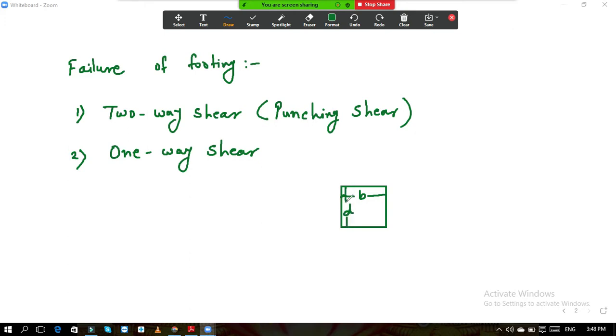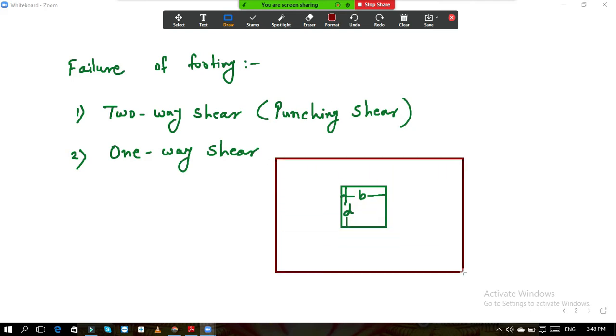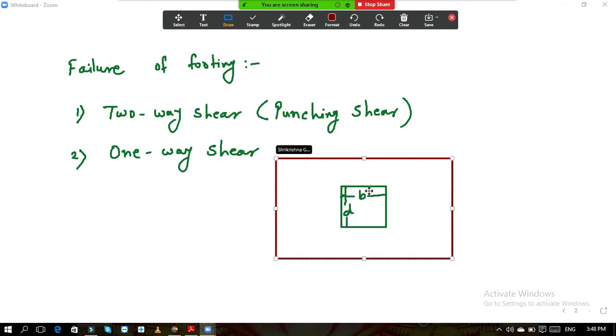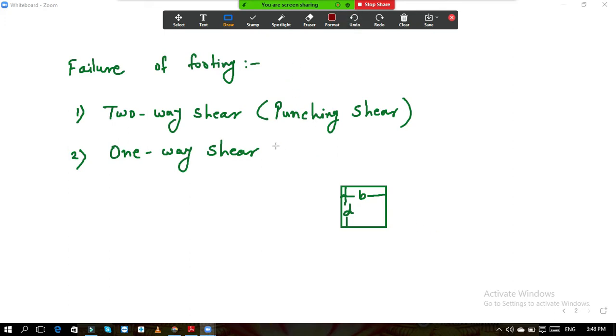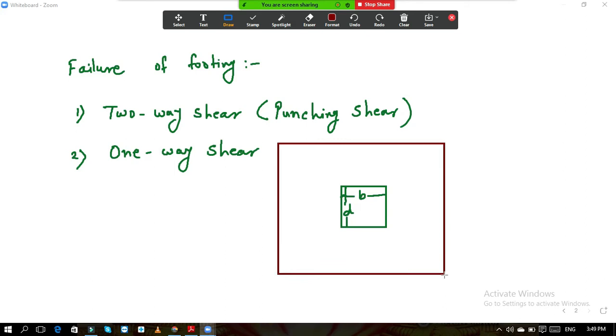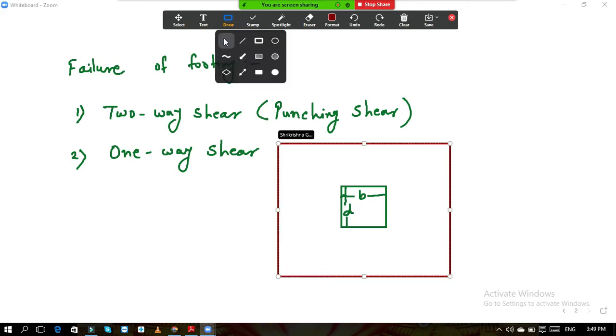So this is the column. Now suppose we have provided some footing to the column, and I will draw the footing over here. So this is the footing. Now what happens?